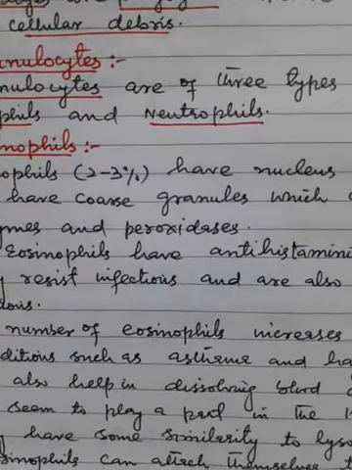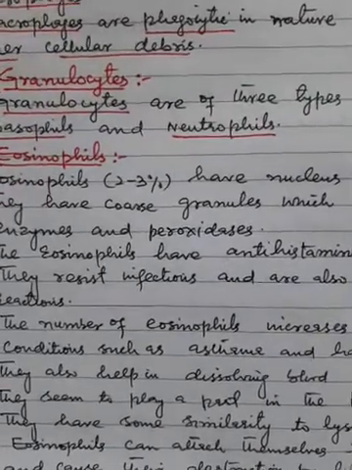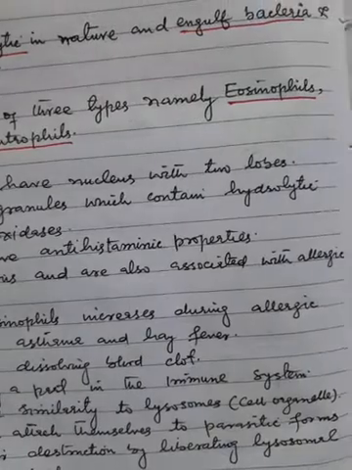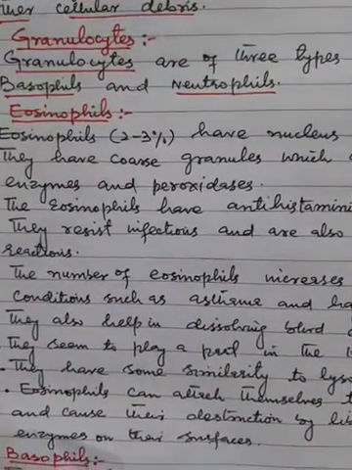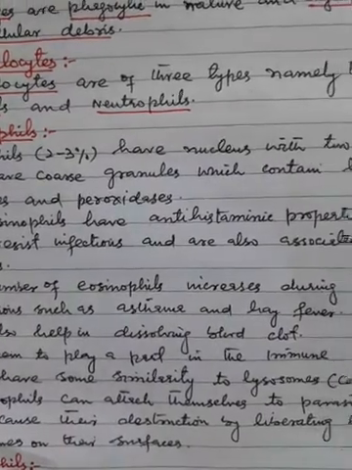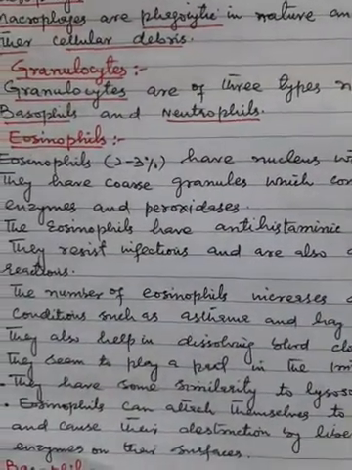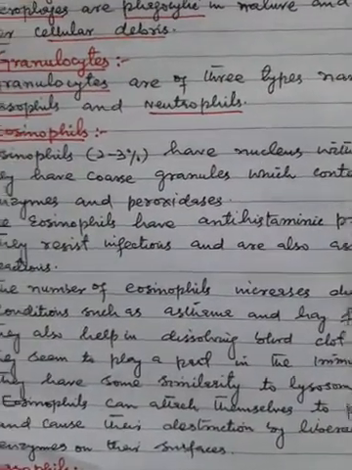The eosinophils have antihistaminic properties. They resist infections and are also associated with allergic reactions. The number of eosinophils increases during allergic conditions such as asthma and hay fever.